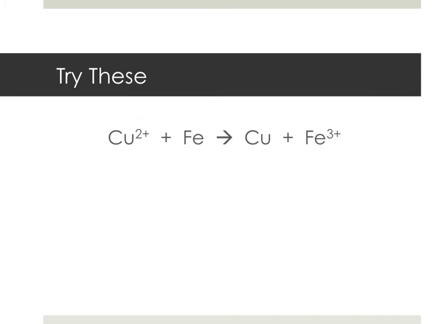Let's start by assigning oxidation states. Copper 2+, as we know, has an oxidation state of +2. Iron, because it's uncombined and it doesn't have a charge, has an oxidation state of 0. Likewise for copper. And Fe3+ has an oxidation state of +3. In this case, we see that copper went from positive 2 to 0, meaning it gained 2 electrons.